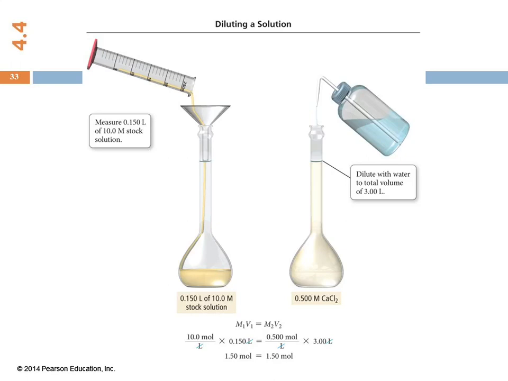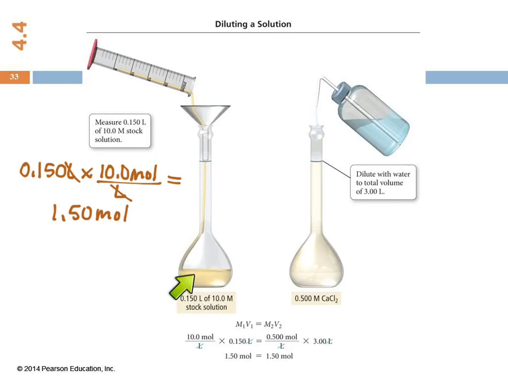So here's an illustration of diluting a solution. Here they're taking 0.150 liters of a 10 molar stock solution and putting it into this volumetric flask. How many moles of solute are in that? 0.15 liters times 10 moles per liter gives us 1.50 moles of solute, right?